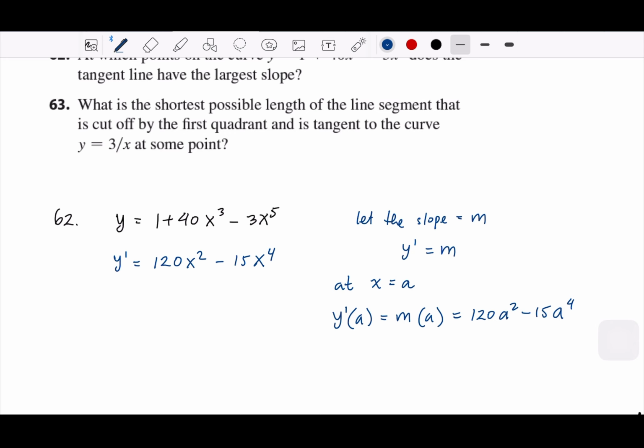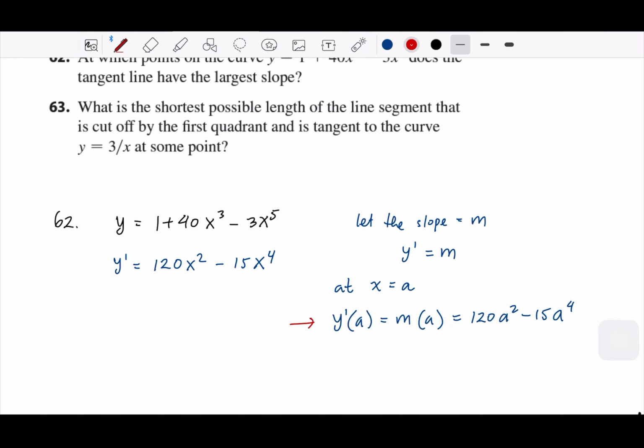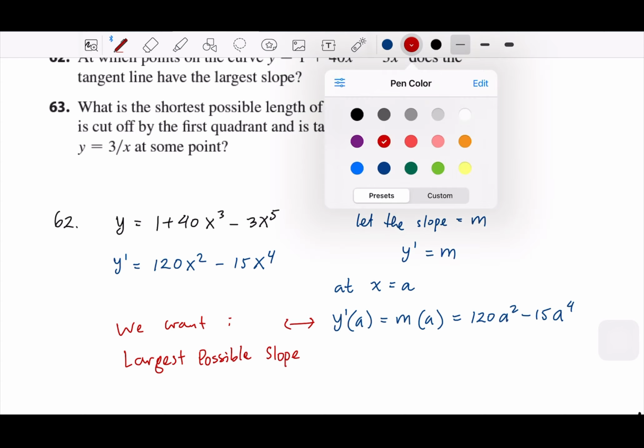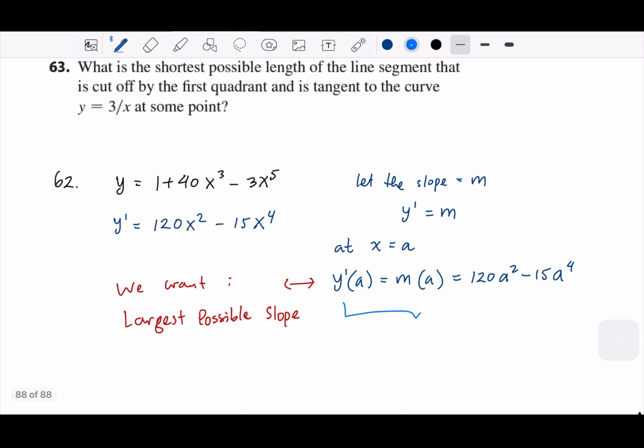So this is our optimization model. Okay, so let me write here. We want the largest possible slope, which means that this is our optimization model.